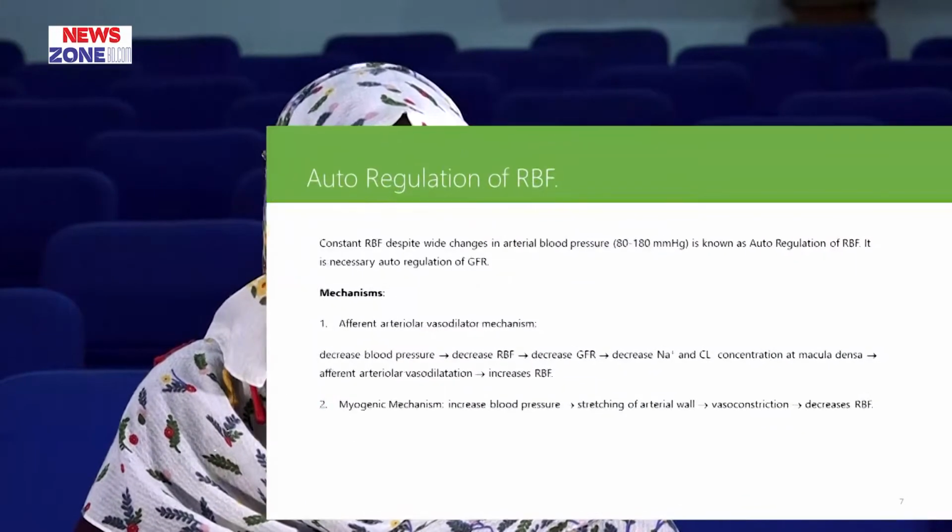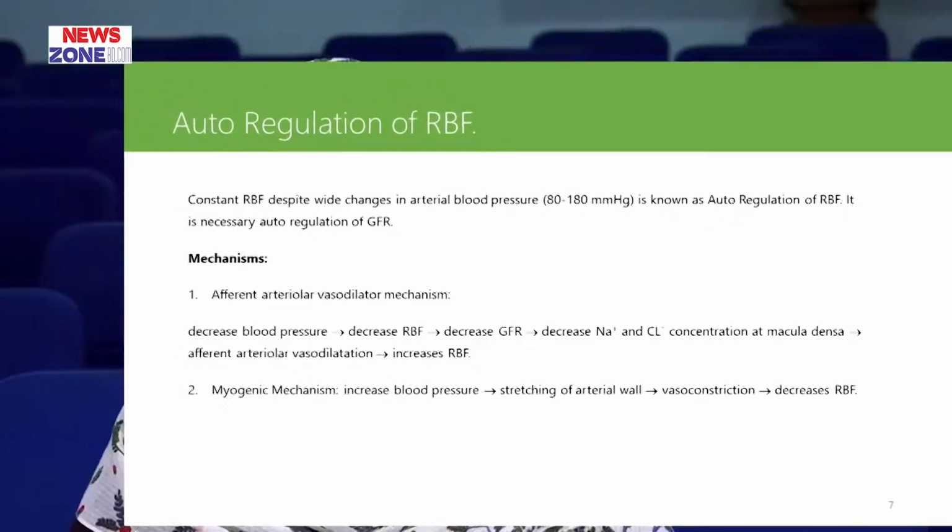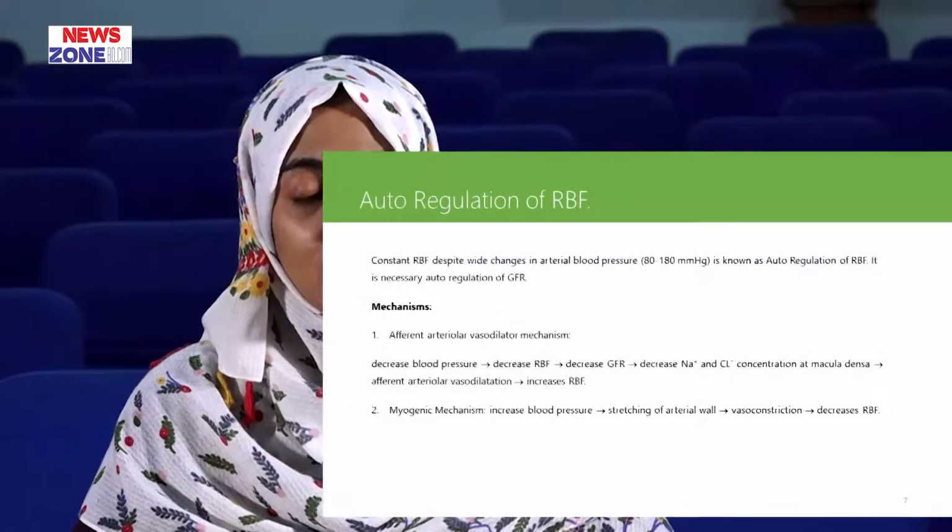And the macula densa of the juxtaglomerular apparatus can detect this change of sodium and chloride concentration, and they secrete renin and dilate the efferent arteriole. If there is dilatation of the efferent arteriole, then there is increased renal blood flow. So the effect of low blood pressure is minimized.